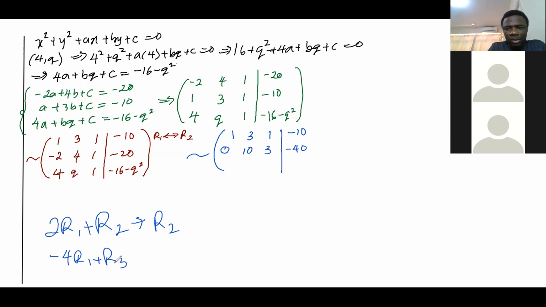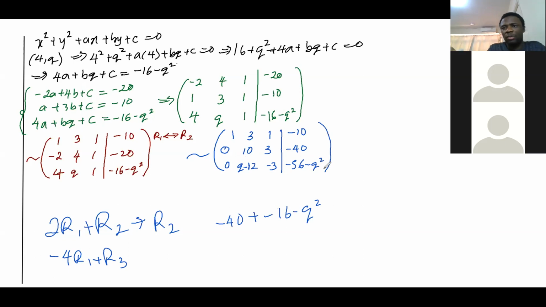So for row 3, you have multiplied by negative 4 and add, you have 0. Multiply by negative 4, that's negative 12 and add, so you have q minus 12. Multiply by negative 4 and add, you have negative 3. Multiply by negative 4, that's minus 40. Add to negative 16 minus q squared. You have minus 56 minus q squared.